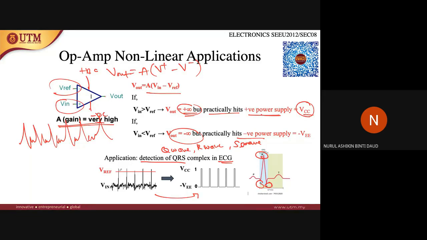You need to compare the input value to see whether it is more or less than the reference voltage. Then you can plot the output voltage like this. The output value is 0 or 1, like a binary value that the cardiogram already sets.